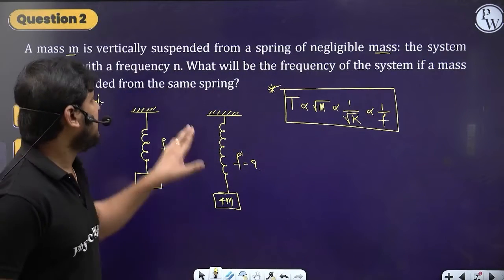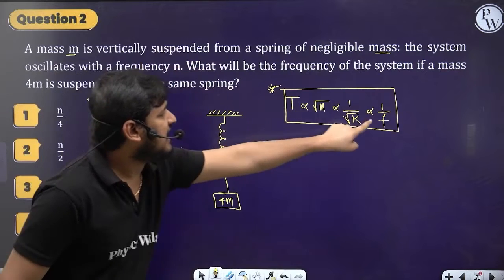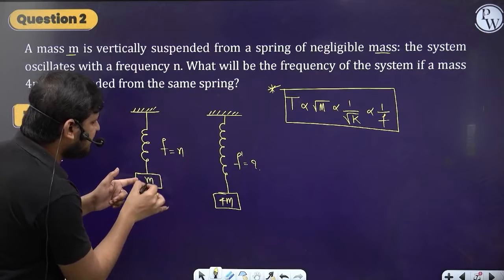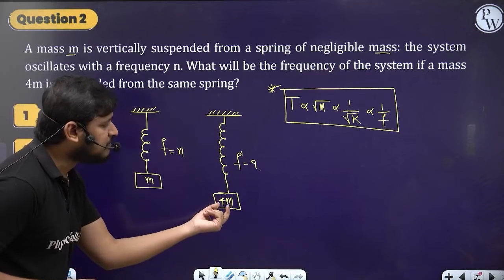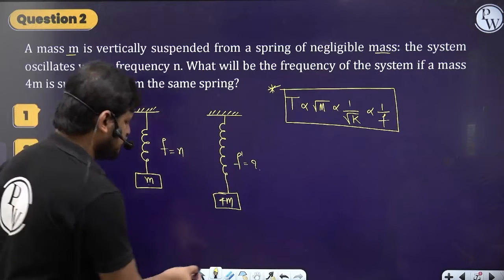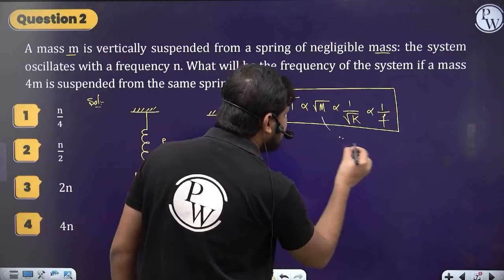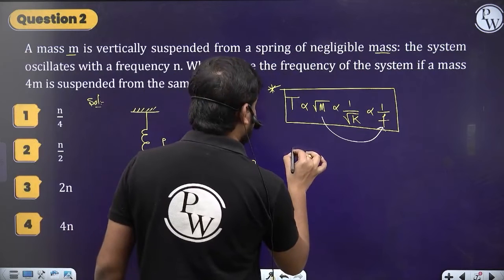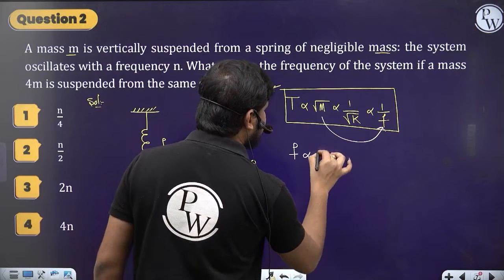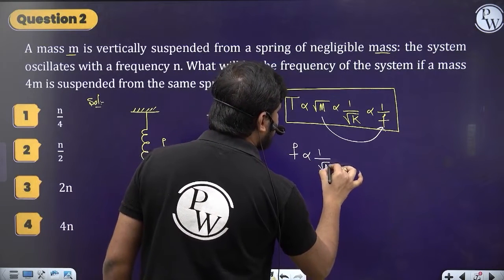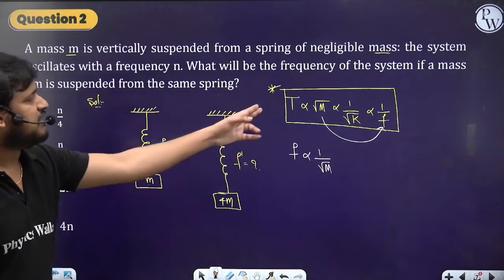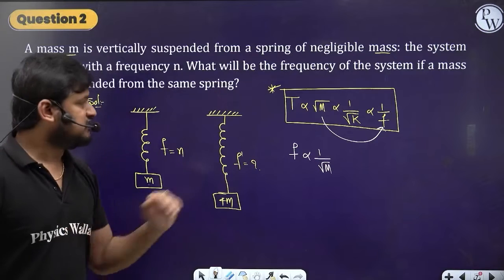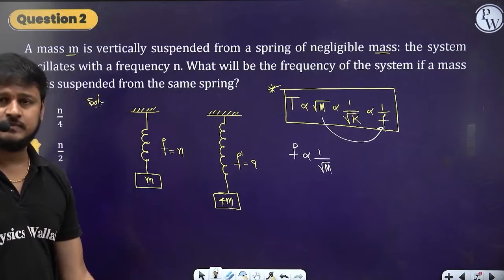So now we need the frequency and mass relation. Yes or no? So here mass m is attached, frequency n. So if 4m mass is attached, what is the frequency? So we have to establish the relation between these two now. That's it. So that means the frequency is proportional to 1 by root m, I can write. The time period is directly proportional to root m, which means the frequency will be inversely proportional to root m, an obvious thing, right?